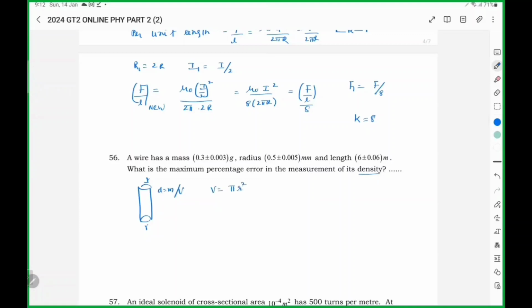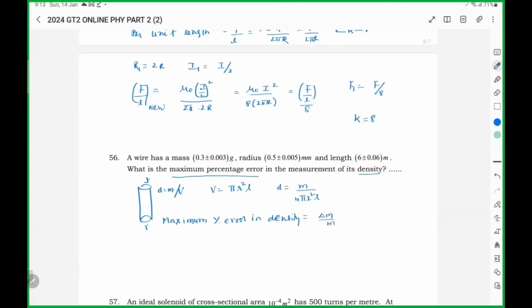The volume of a wire is the volume of a cylinder, pi r square L. So density will be... here the maximum percentage error in density is delta m by m.